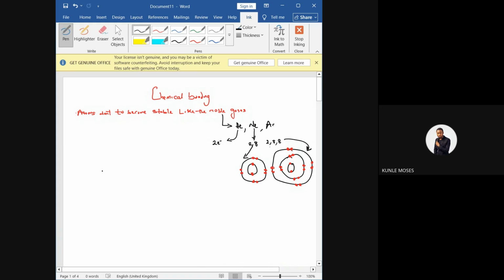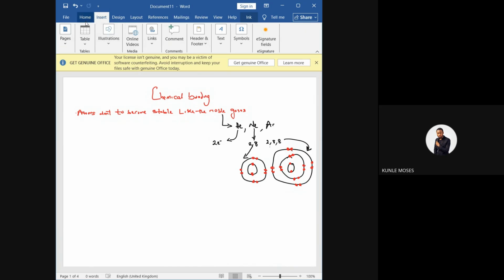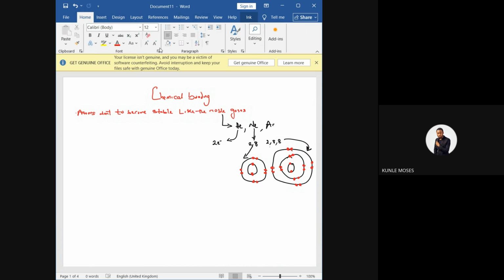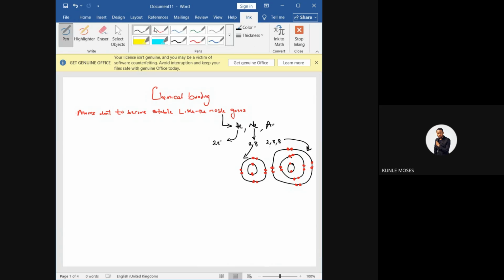Now, this is another point. Let me draw a box here. There are some atoms that can transfer electrons.